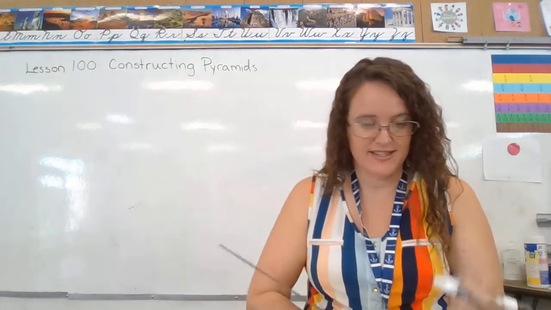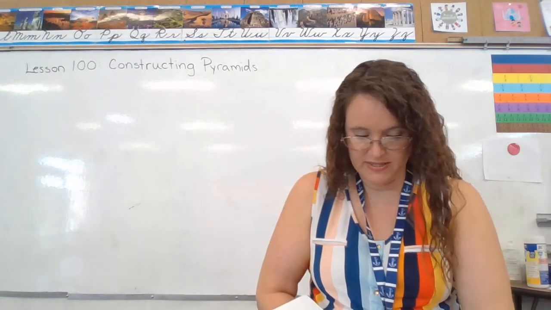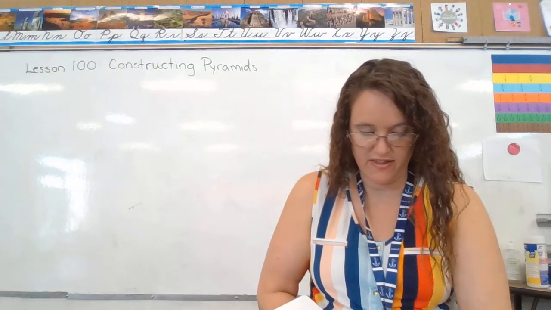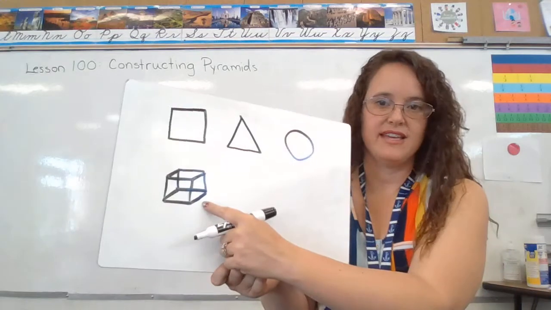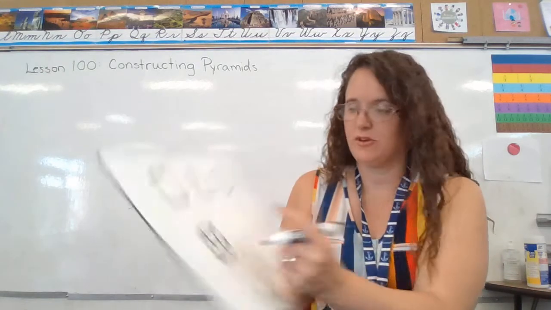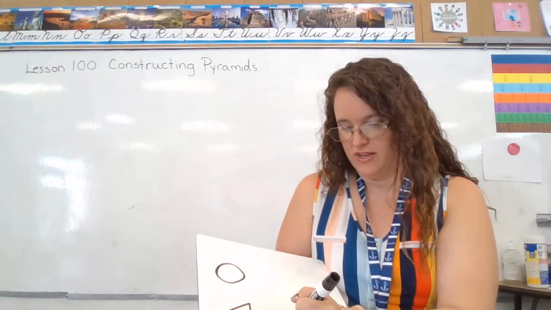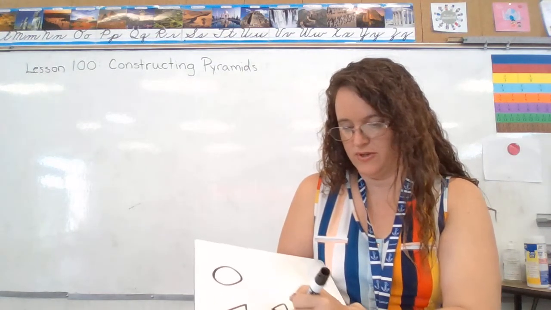Geometric solids that we've been talking about take these shapes and give them that third dimension, which we either call height or depth. So there we've got a square that we've turned into a cube. We have a triangle that I'm going to attempt to turn into a triangular prism here.